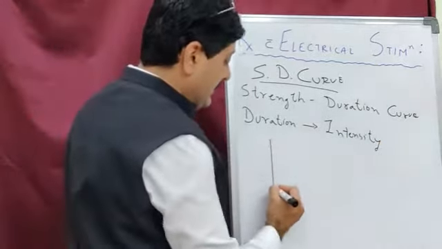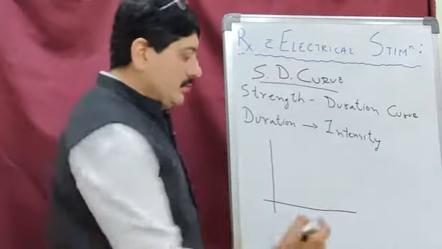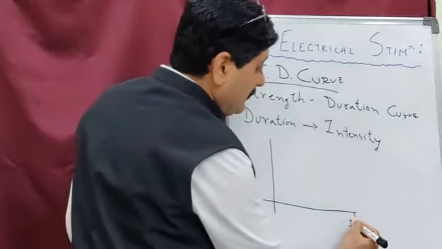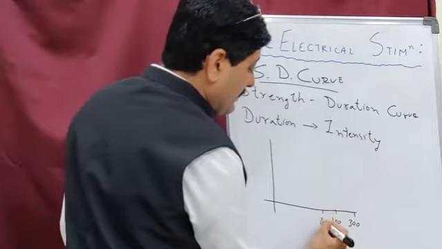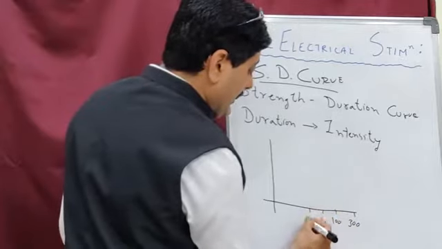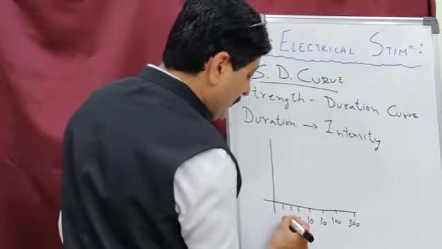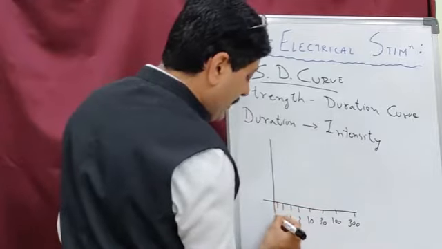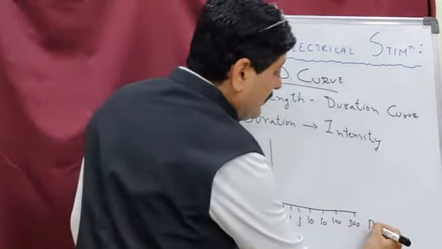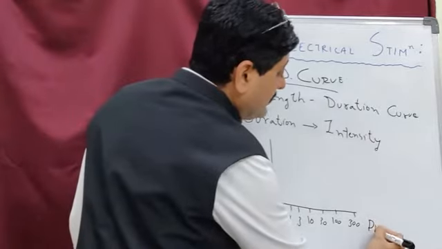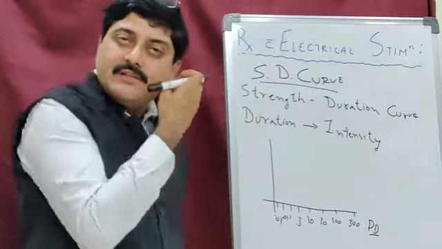So let us see the durations of galvanic current that are used by default. It starts from 300 milliseconds, then 100, then 30, then 10, then 3, then 1, and then 0.1 and 0.03. Now this is the pulse duration, right? It is fixed in machines for the strength duration curve.